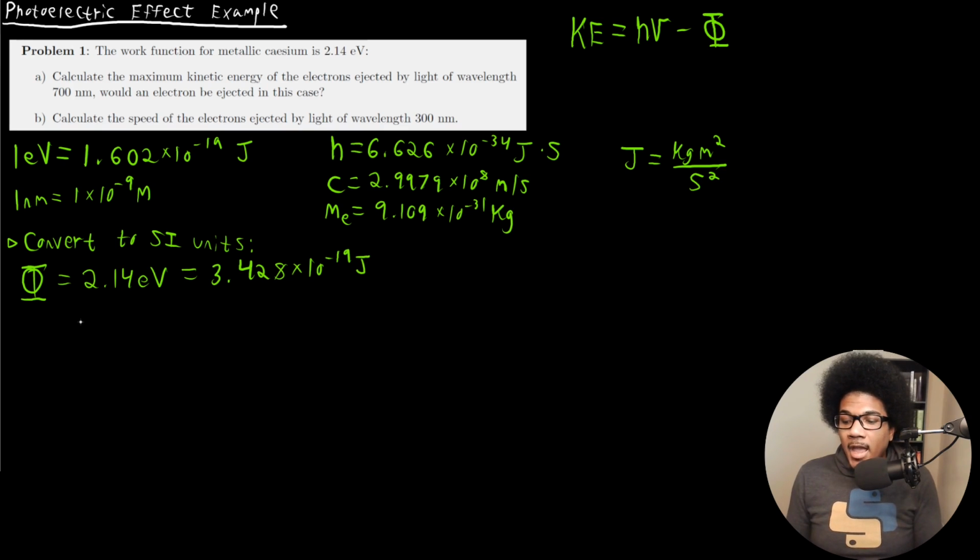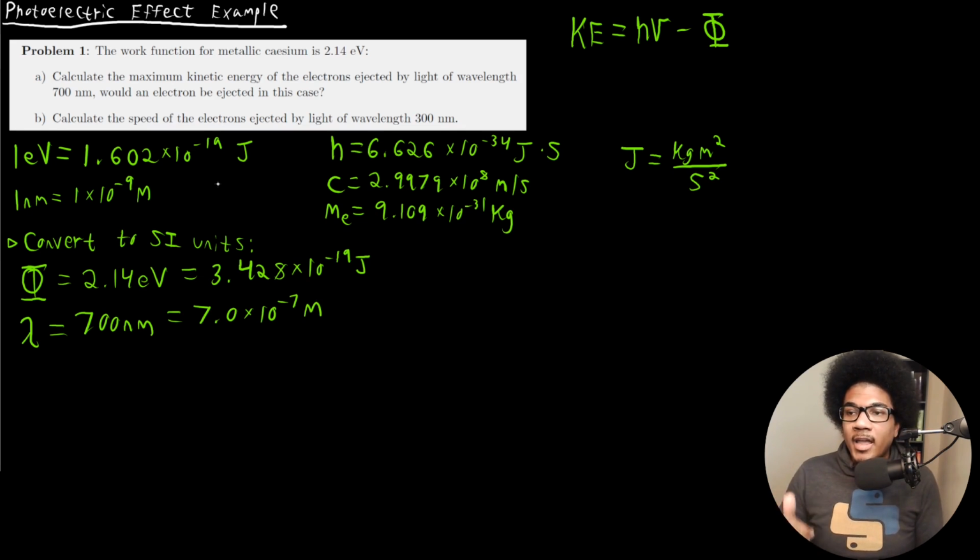And for part A, we're given a wavelength of 700 nanometers. Using the conversion factor up top, we get 7.0 times 10 to the negative 7 meters. So we've converted the wavelength to meters and the work function to joules.